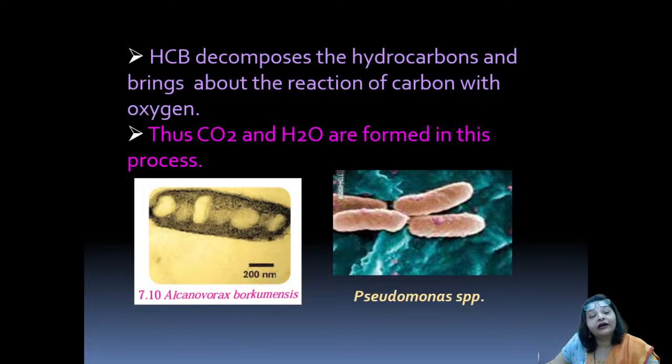Now these HCB bacteria decompose the hydrocarbons and bring about the reaction of carbon and hydrogen. Thus, carbon dioxide and water are formed during this decomposition process. Okay, right. So Pseudomonas species as well as Alcanovorax species are very, very important to clear up the oil spills.